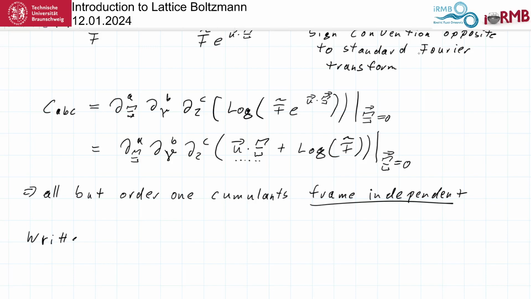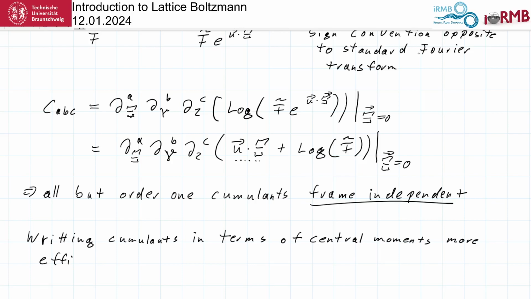So writing cumulants in terms of central moments is more efficient than in terms of raw moments.